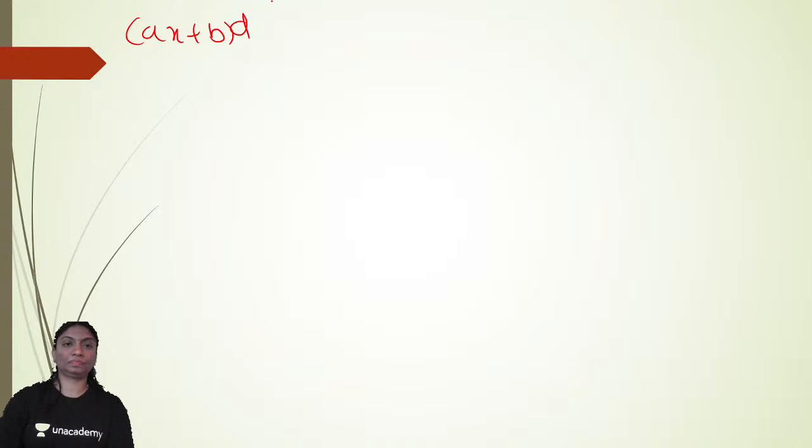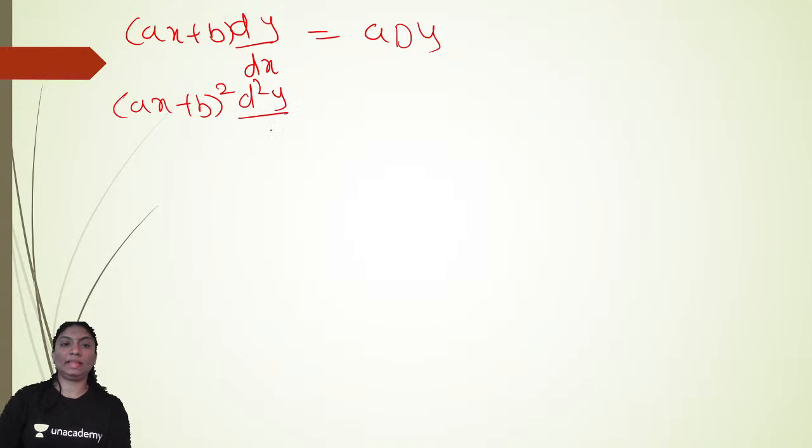We will write here (ax plus b) raised to 2, d2y upon dx square is equal to a square into D into D minus 1 of y.